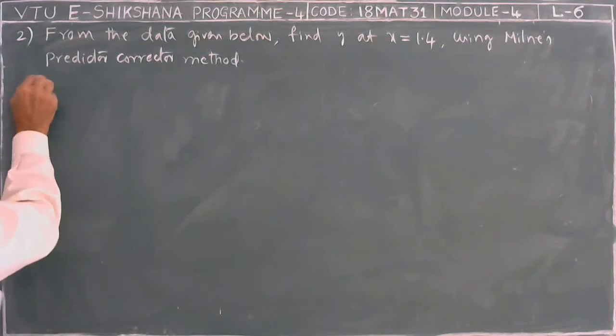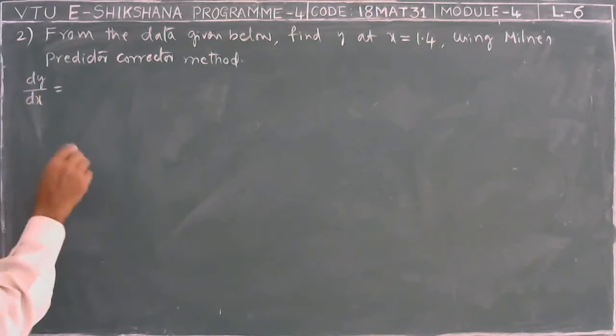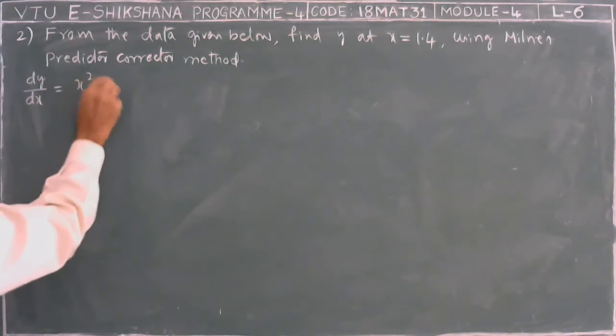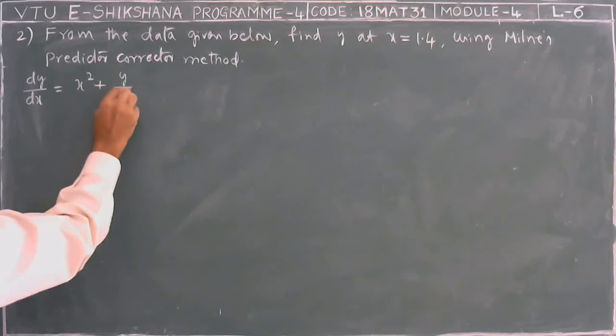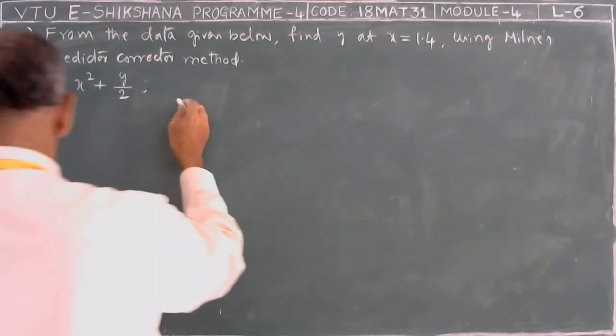The differential equation is dy by dx is equal to x square plus y divided by 2.